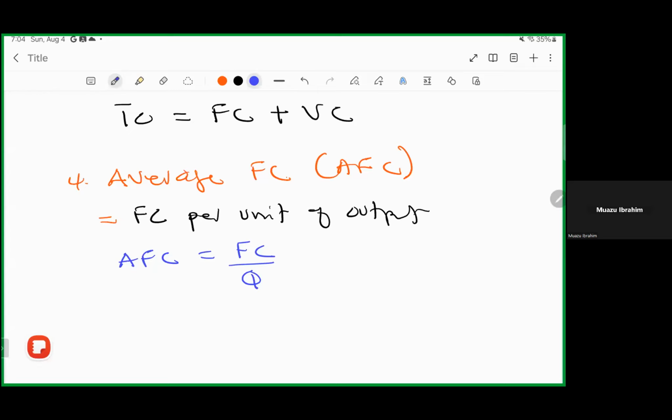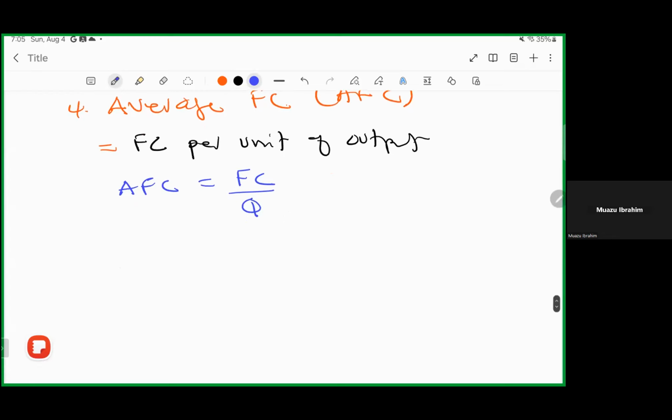The denominator is quantity and the numerator is the fixed cost. That fixed cost is fixed, but output will keep on changing. Later we will delve deeper into this relationship between the average fixed cost and the output.